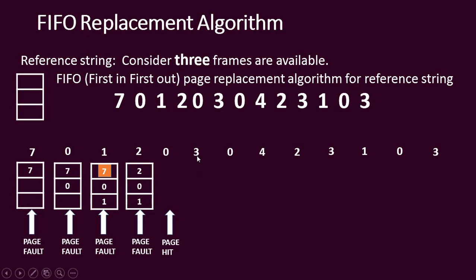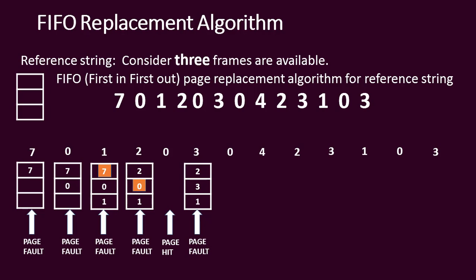Again we will look to the left and try to find out which is the oldest page. Here 0 is the oldest page and hence we replace 0 with our page 3, right? So a swap will take place in this page fault.